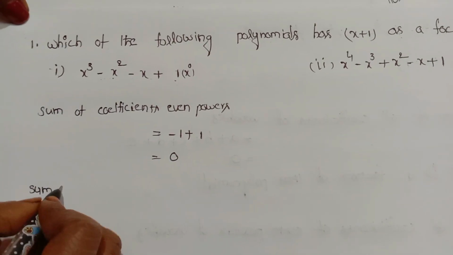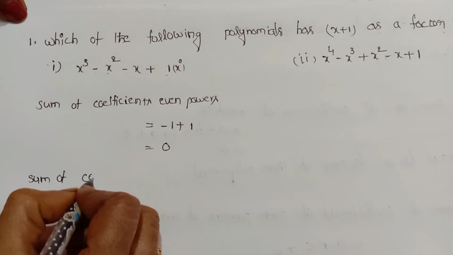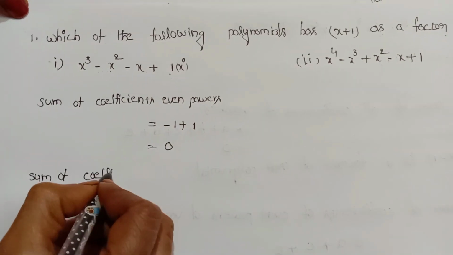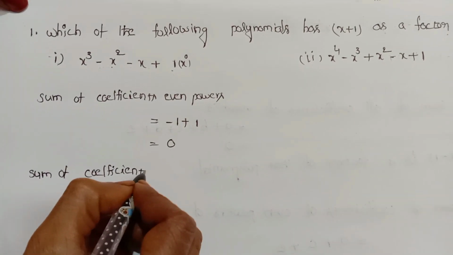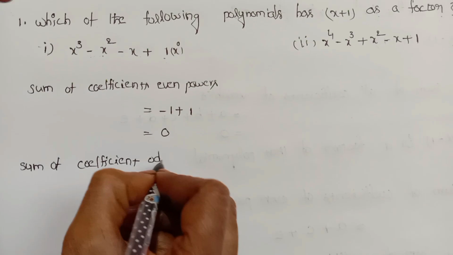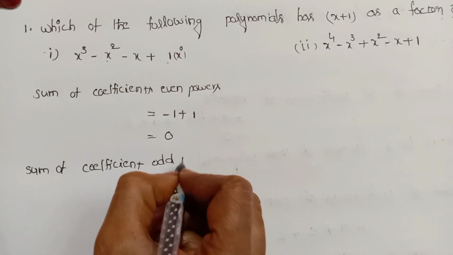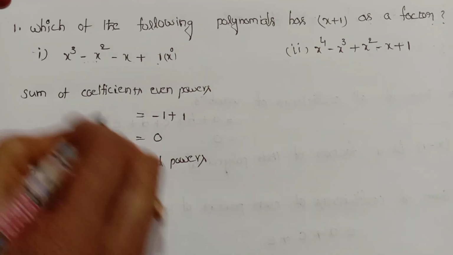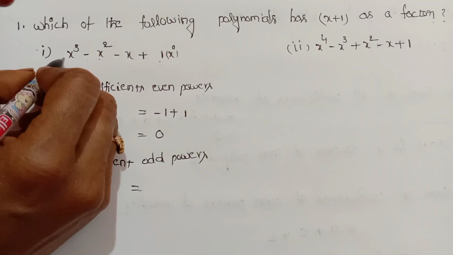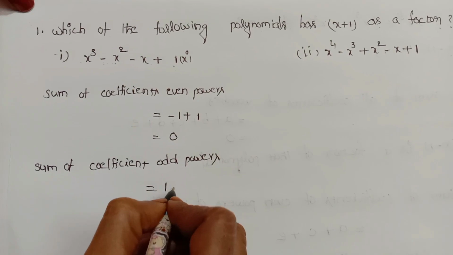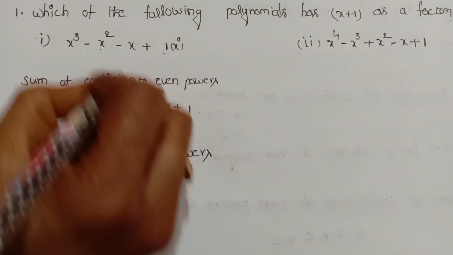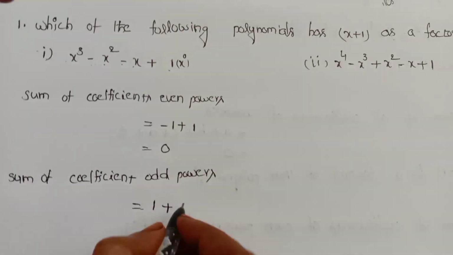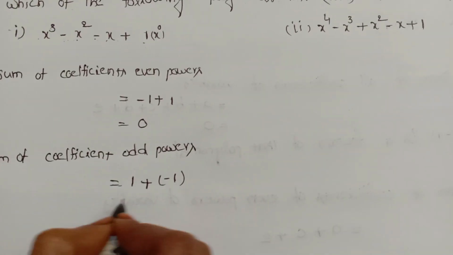Sum of coefficients of odd powers: x cubed, power 1, plus here minus 1, equal to 0.